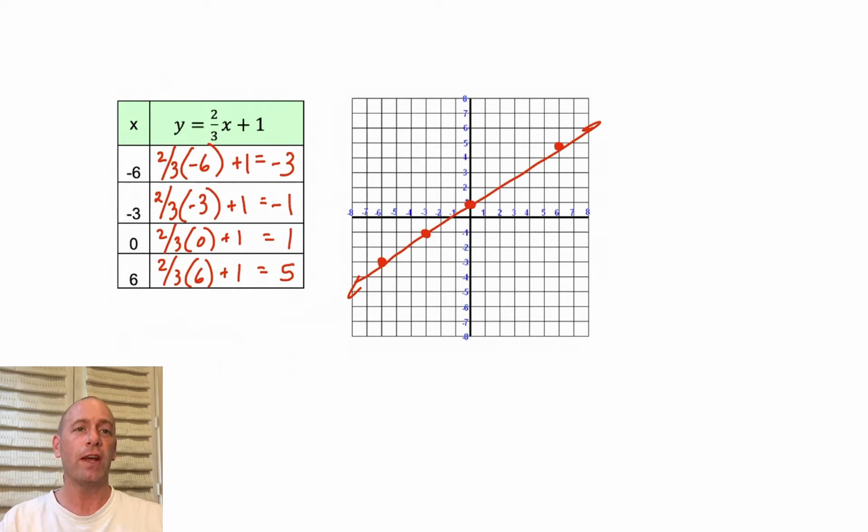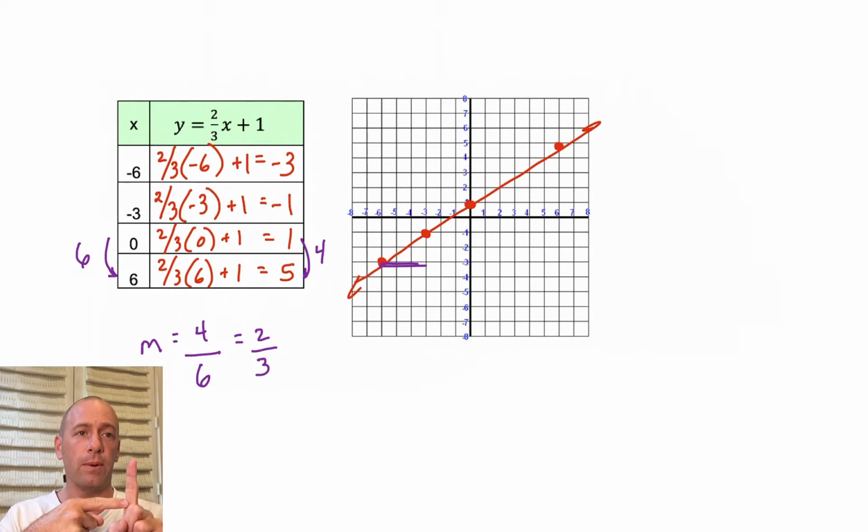Same thing with the second example. If we wanted to look at the rate of change, if x increased by 6, y increased by 4. That means your rate of change would equal 4/6, or 2/3. And you can see that on your graph. Every time x goes to the right 3, y is going up 2.